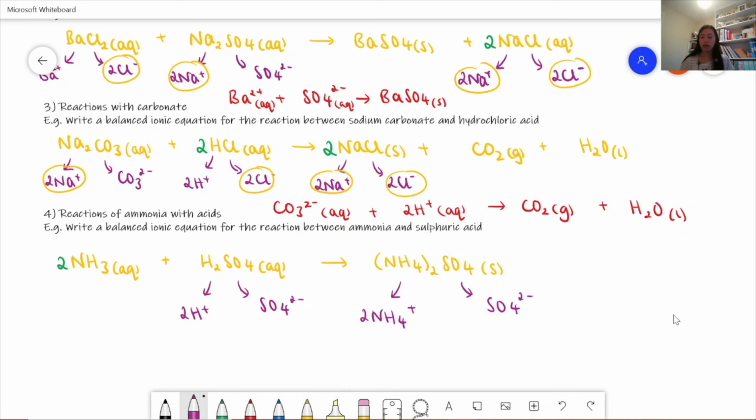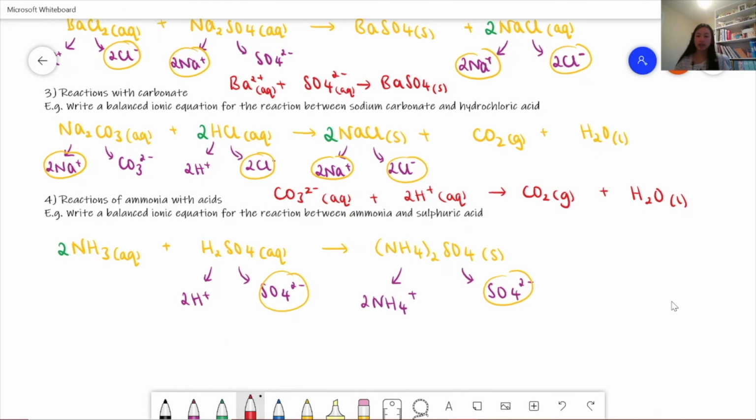And so our spectator ions are just these sulfate ions. And so our ionic equation is 2 ammonias added with 2 H pluses goes to form 2 NH4 pluses. So basically when we add ammonia to an acid, we can form this ion of NH4+.